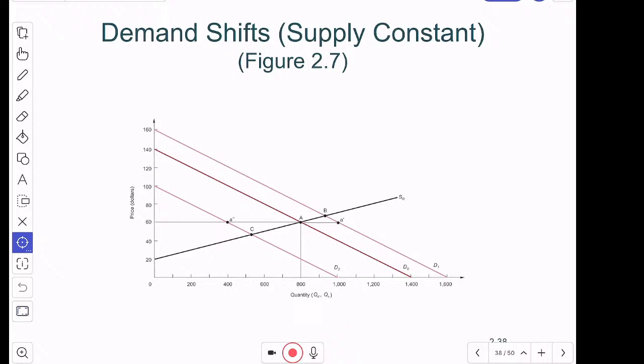So at each price, supply increases because, let's say, there's an improvement in technology that makes it possible for higher production, greater production.